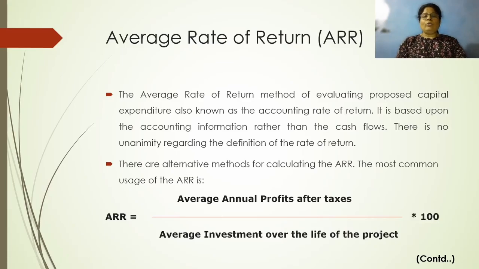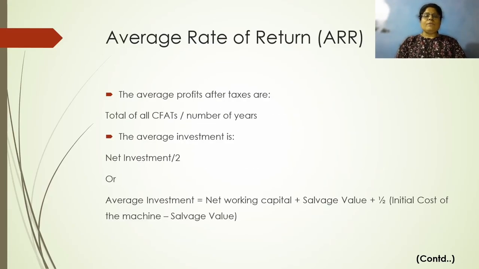Now, how to calculate the numerator and denominator of this formula? When it comes to average profits after taxes, that can be calculated as total of cash flow after taxes divided by the number of years. Of course, the average means the total divided by the number, right?